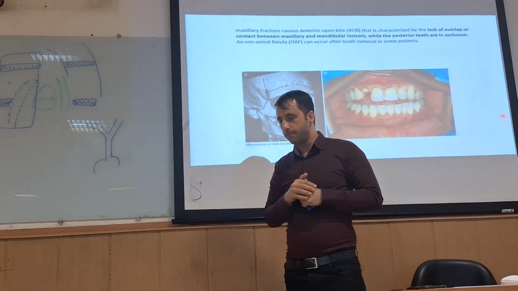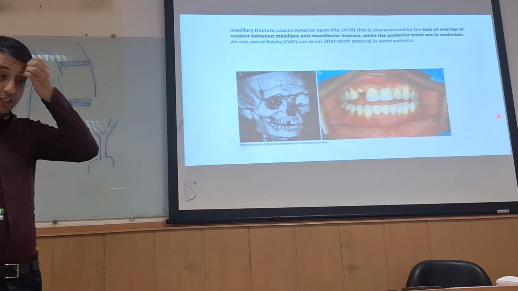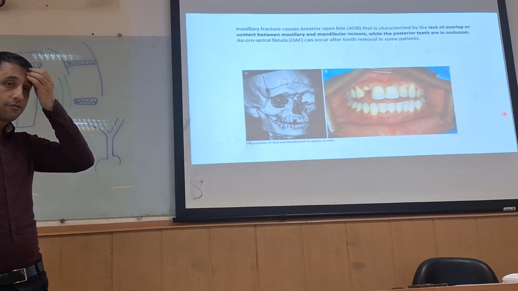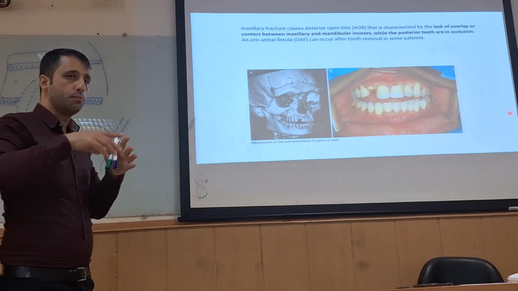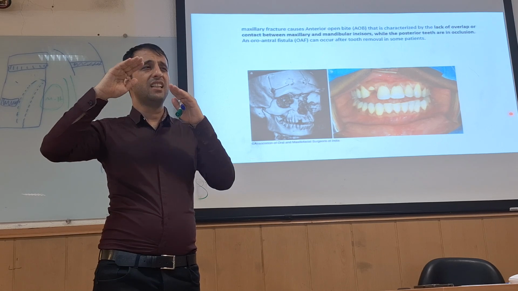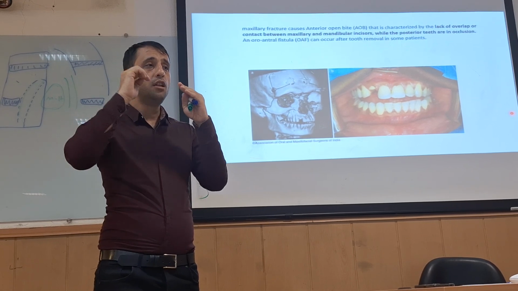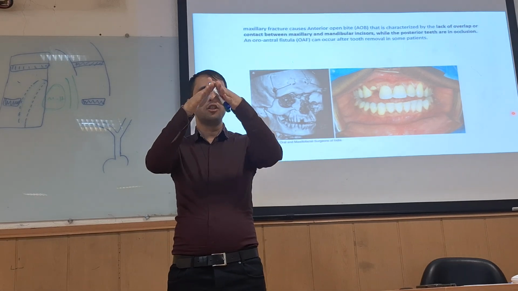Another explanation is about the fracture of the body of the maxilla. Because posteriorly, the body of the maxilla is the site of attachment of some muscles. During fracture, the body of the maxilla makes this shape.